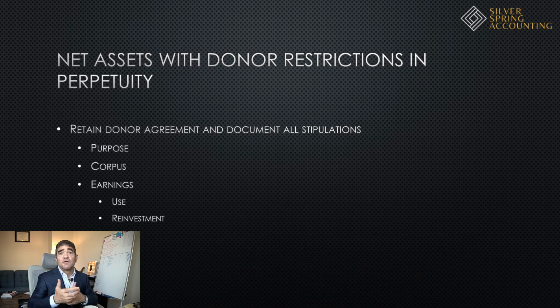And then if there's no specified purpose or it is for general operations, you can go ahead and record that into unrestricted net assets. Those earnings are then available to use right away for anything, whether administrative or program, because it's for general operations.